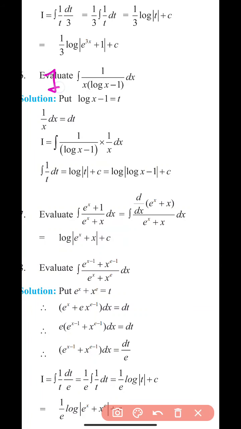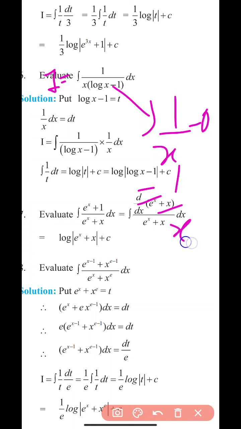So this is what we have to integrate. I can see that the bracket that the given function contains is log x minus 1, and the derivative of that whole function is 1 by x minus 0. So the derivative of this function is 1 by x minus 0, which is 1 by x only.